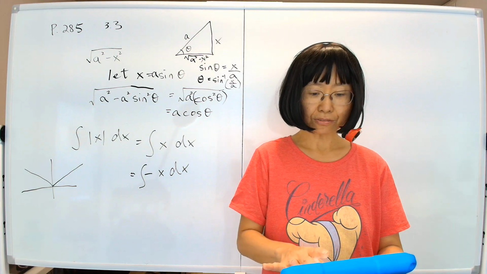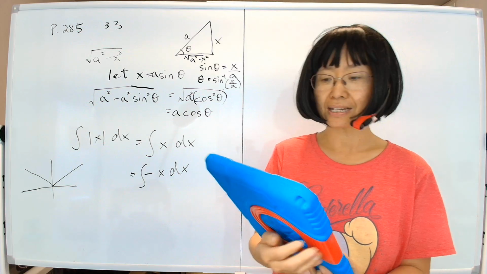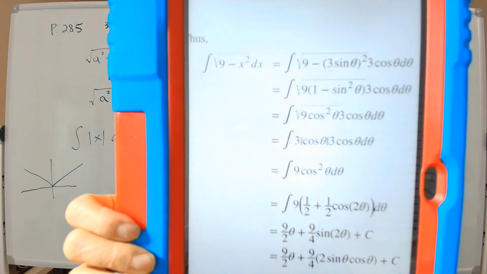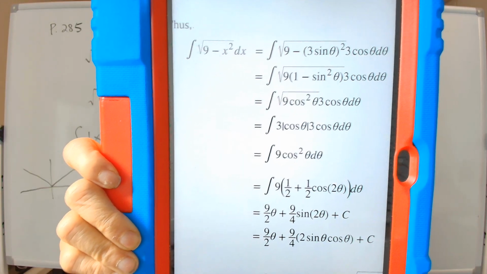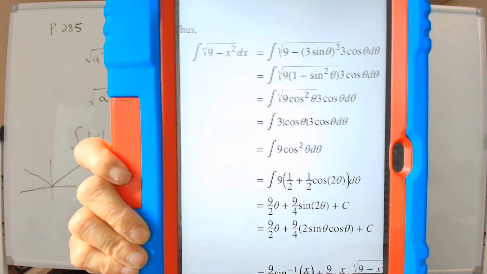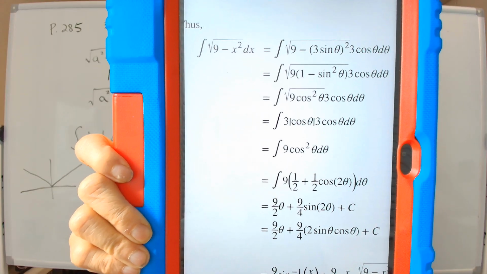So what we're going to do is let x equal 3 sine theta. Once you plug that in, the algebra that follows is fairly straightforward because everything works out nicely, and very soon you will end up with the integral of 9 cosine squared theta.